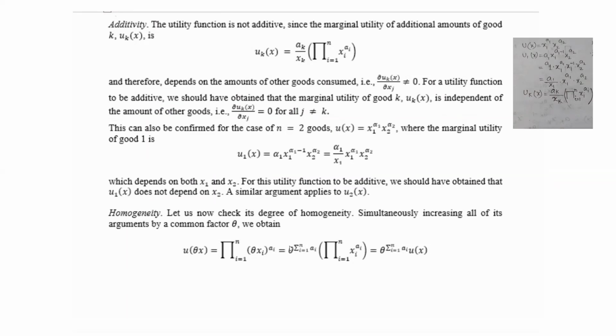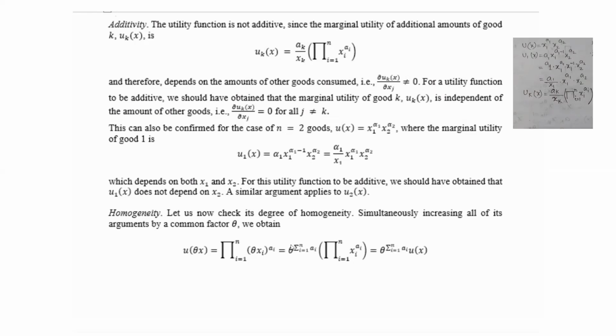And how can we get this ai? Here we can see theta to the power ai. That means there will be theta to the power a1, theta to the power a2, theta to the power a3, up to theta to the power an. And we know that if the base is equal, then the powers will be summed up.